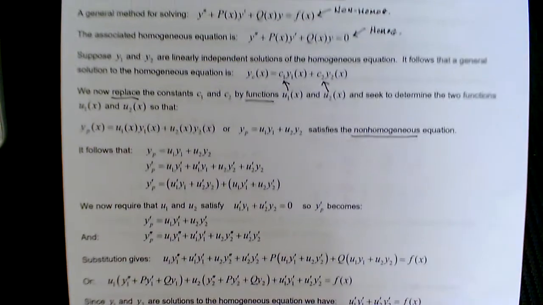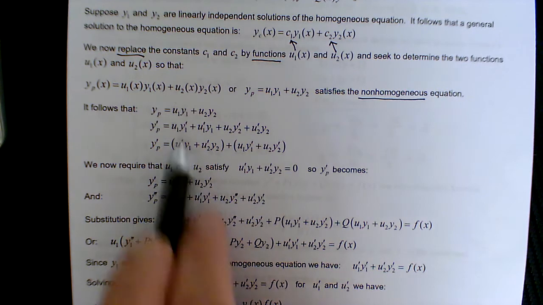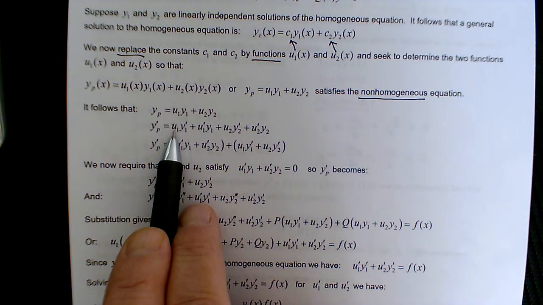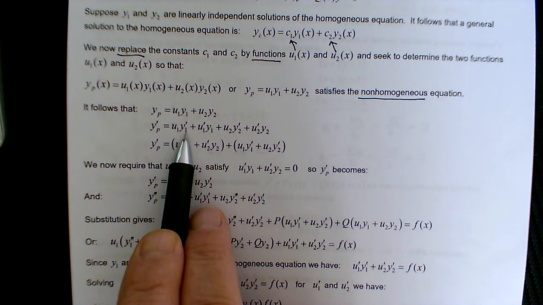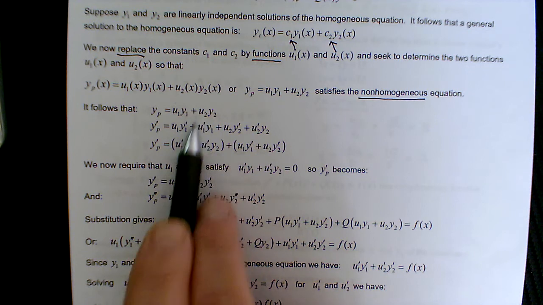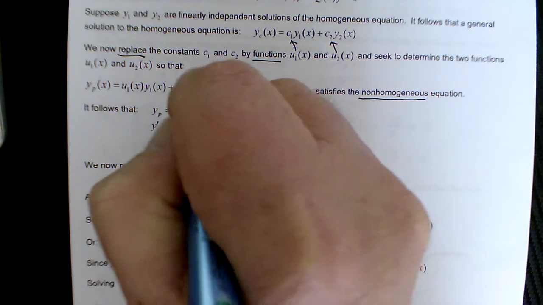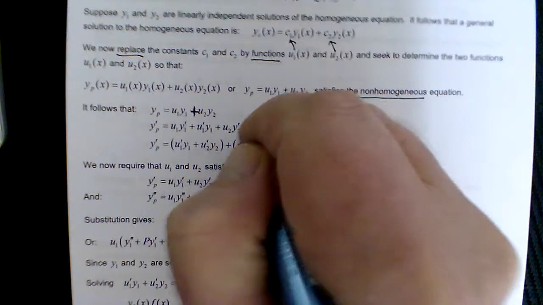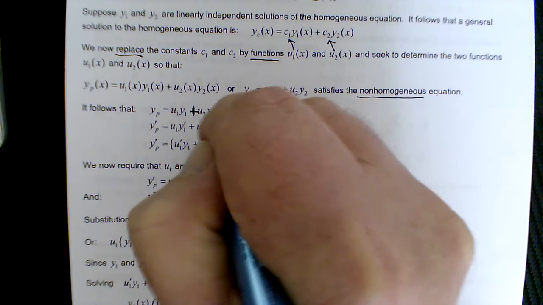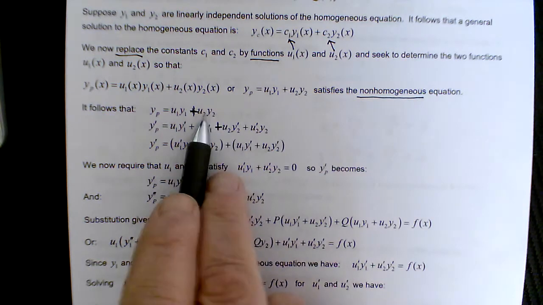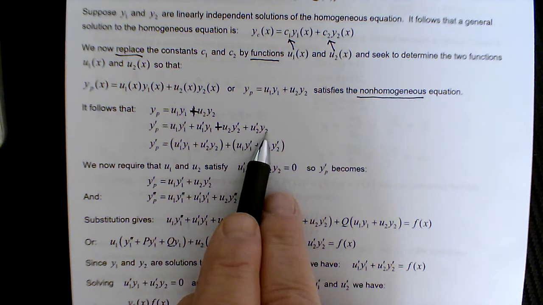So if it does, well, we'll take a couple derivatives. And so here's the first factor, u1, times the derivative of the second, y1 prime, plus the second factor, y1, times the derivative of the first, and that's u1 prime. And then here, it's another product rule on u2, y2 to give us this.